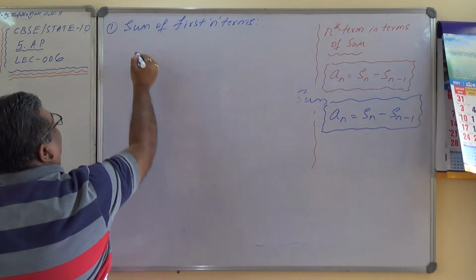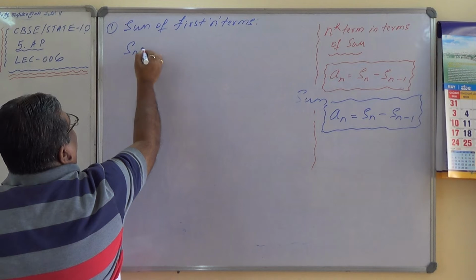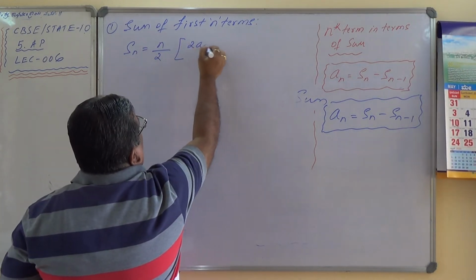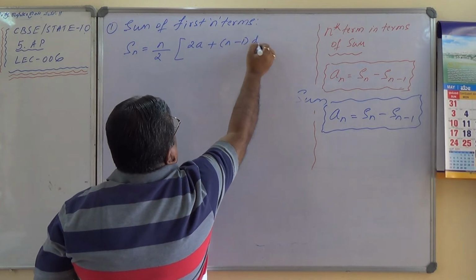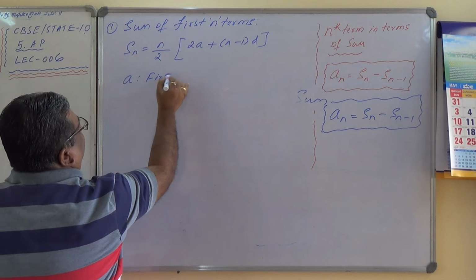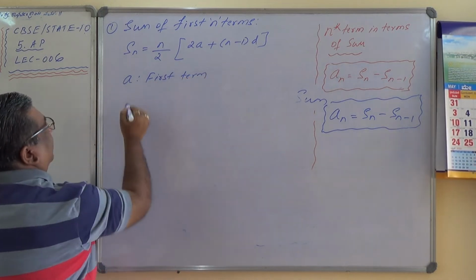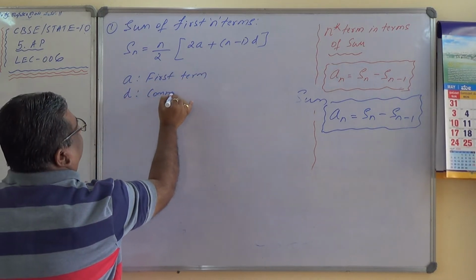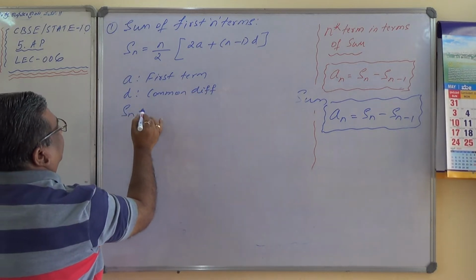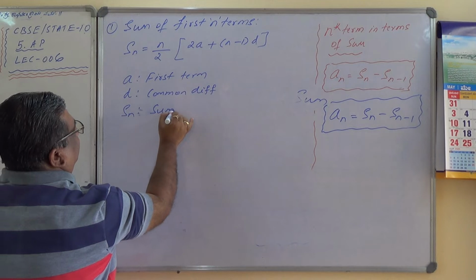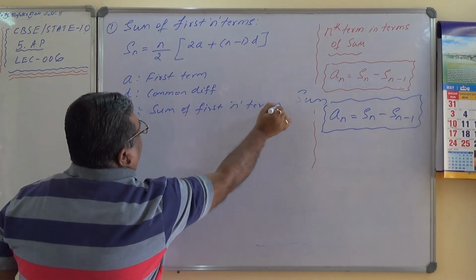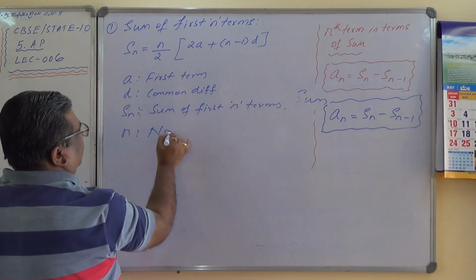It is given by the formula Sn equals n by 2 into bracket 2a plus n minus 1 into d, where a is first term, d is common difference, Sn represents sum of first n terms, and n represents number of terms.